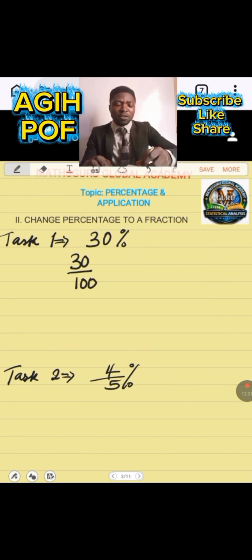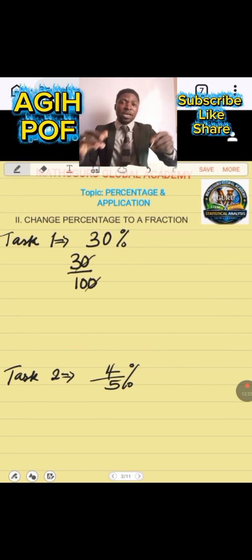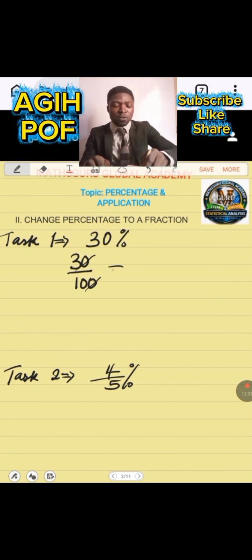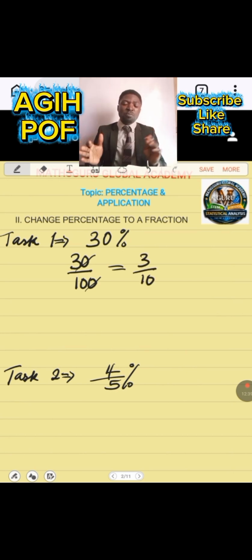And 30 over 100, we can simply cancel the zero. 10 in 30 is 3, 10 in 100 is 10. So we will be left with 3 over 10. So to express percentage as a fraction, all you need to do is to divide it by 100.